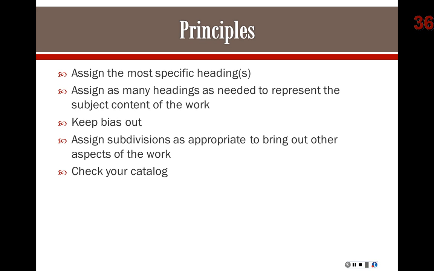So it would be wise to go to your catalog and see how all these other similar works have been treated. Now, you don't have to do that for everything. It is helpful when you're first starting out and learning your collection. But once you've got a sense of how your collection is laid out, you don't need to do it all that much for works you're familiar with.